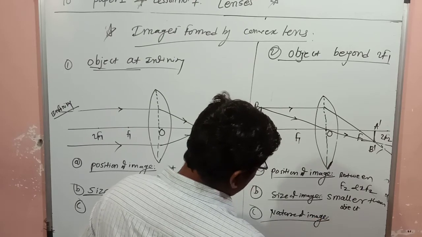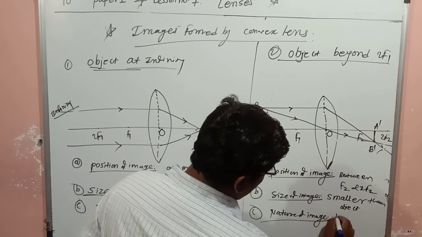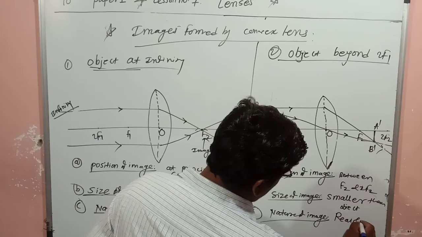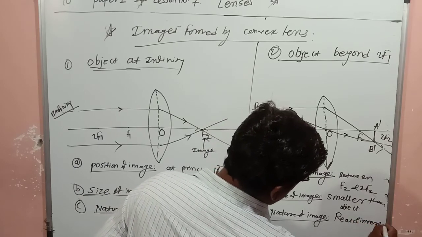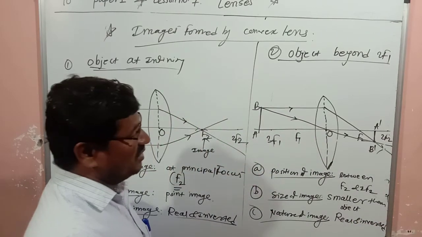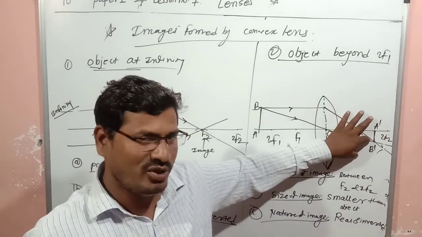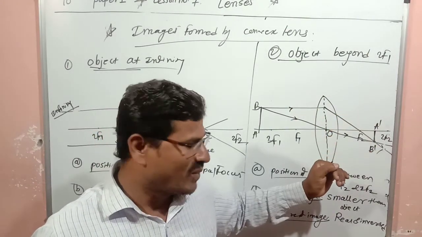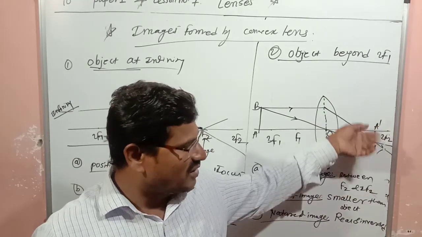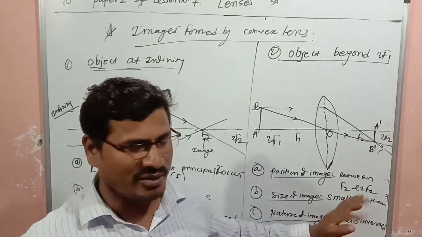So what is the nature? Real and inverted. When refracted light rays are meeting at a single point and the image is formed, it is real, and inverted means it is formed upside down.